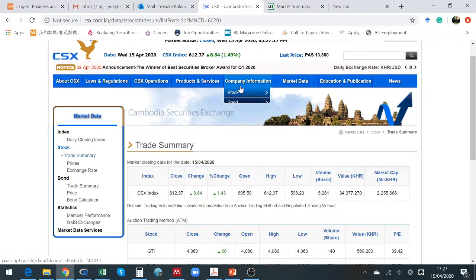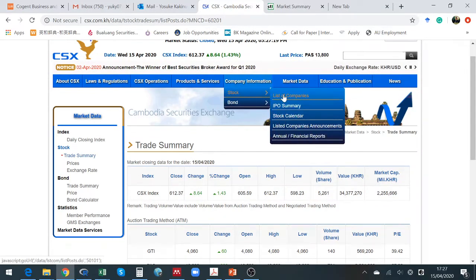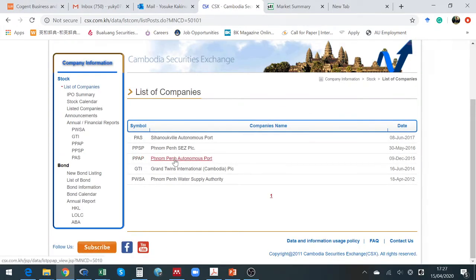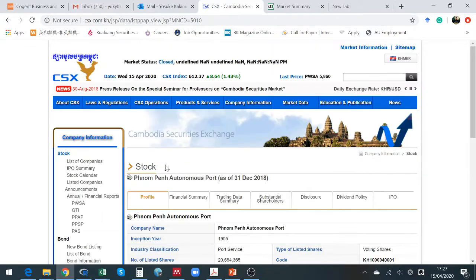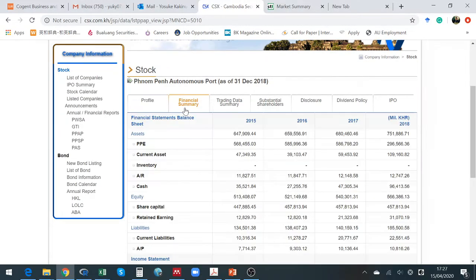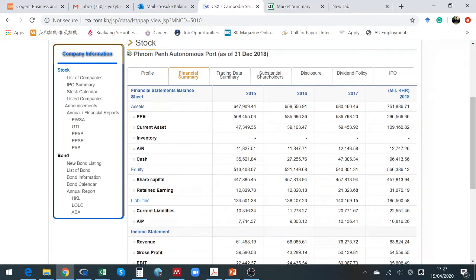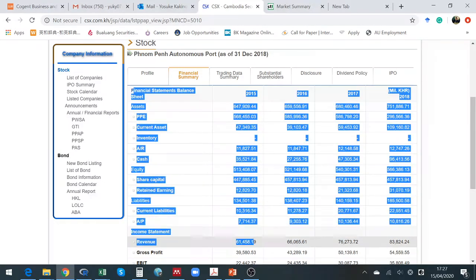I just picked PAS and PPAP. PPAP is Phnom Penh Autonomous Port, so it's a port. Then, financial summaries. Everywhere in the world you can get the same information, such as the financial statements. They don't have the figures for 2019, so the latest one is 2018. But it's the same thing: this is a balance sheet, and this is the income statement.